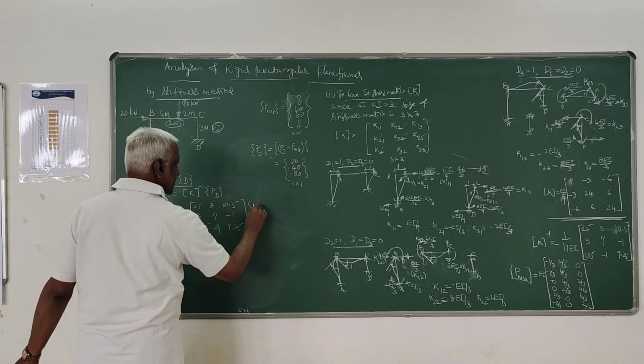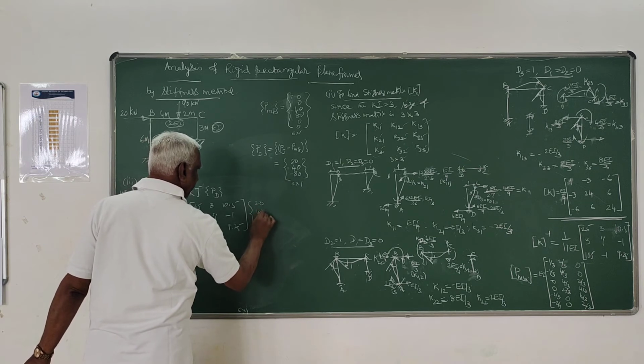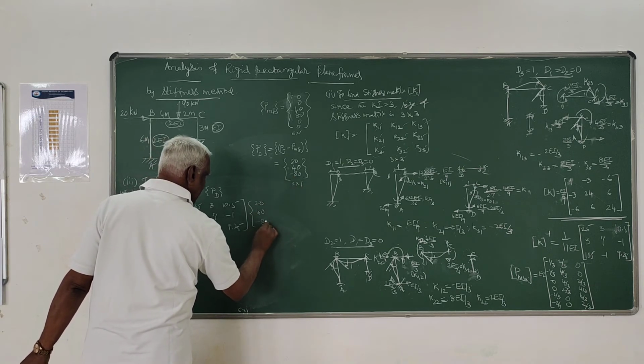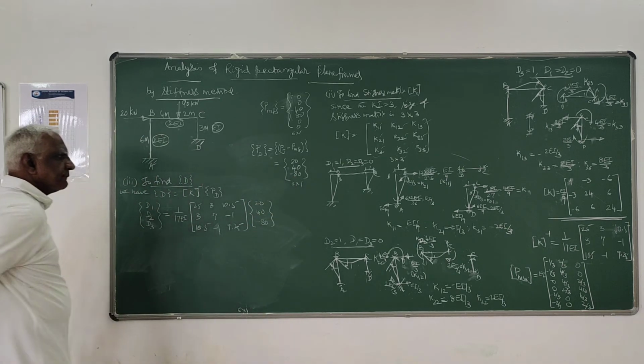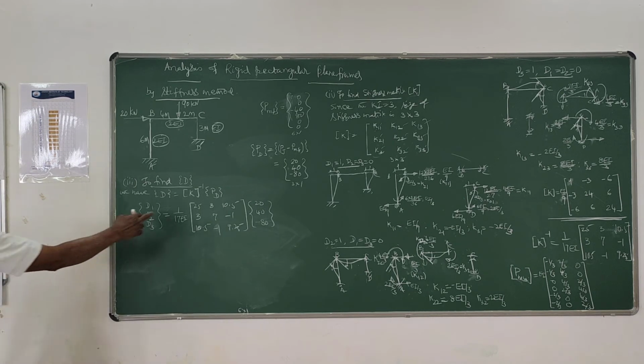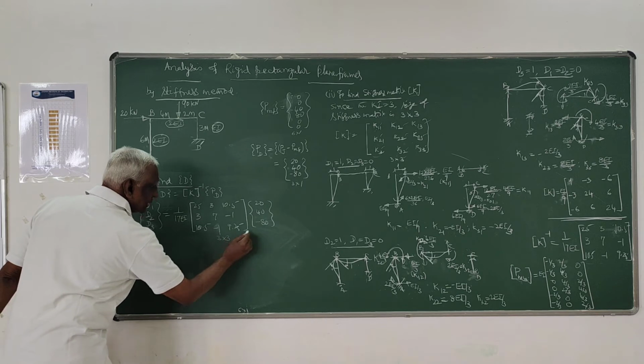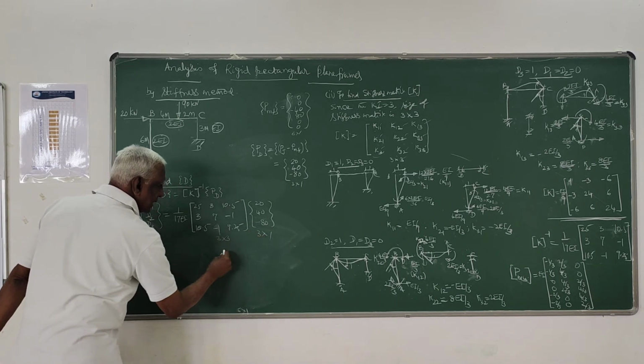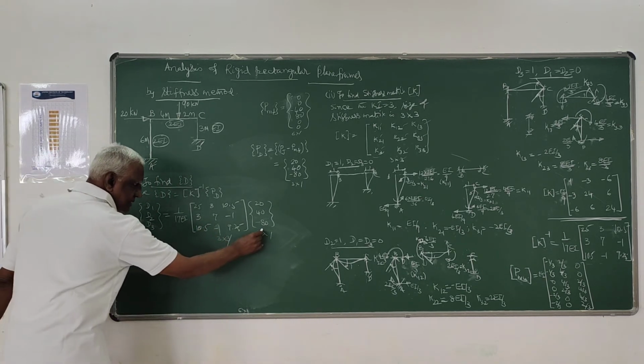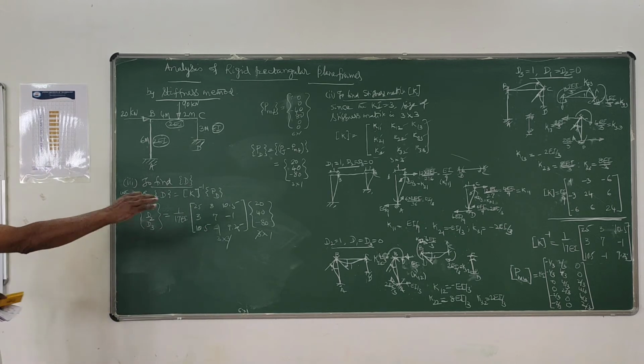So this is K inverse into PD, which is 20, 40, minus 80. So you can multiply these two matrices. This is a 3 by 3 matrix and this is a 3 by 1 matrix. Here the number of columns is equal to the number of rows, so we can multiply.